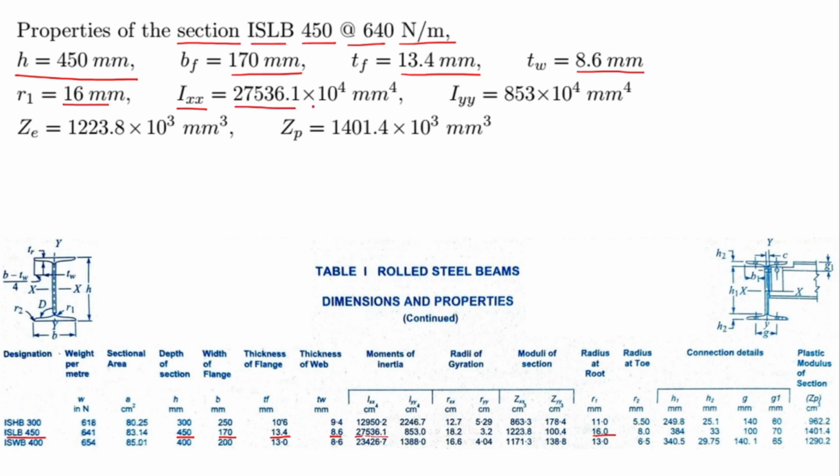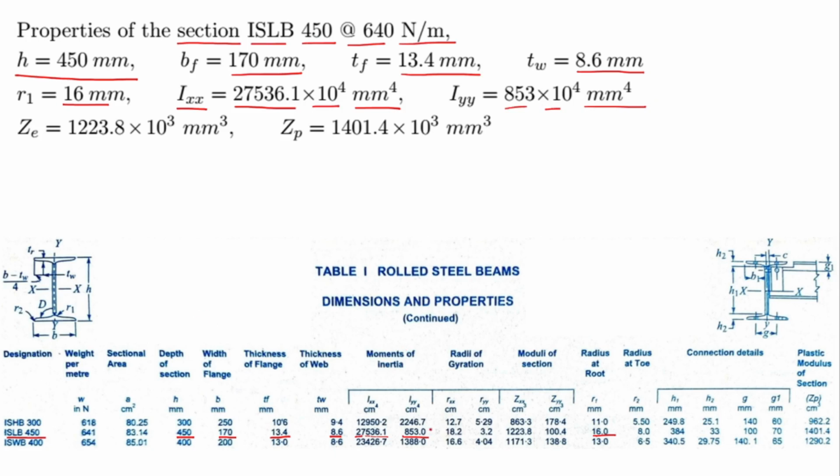27536.1 into 10 to the power 4 mm to the power 4. So here we have converted the given value from centimeter to the power 4 to mm to the power 4. Similarly, Iyy will be 853 into 10 to the power 4 mm to the power 4.